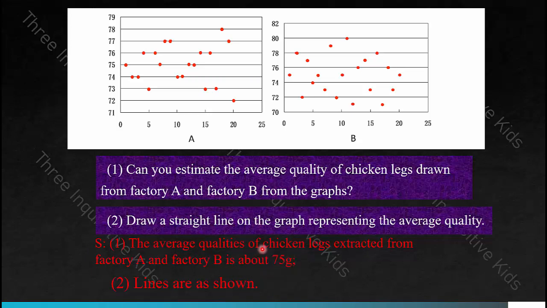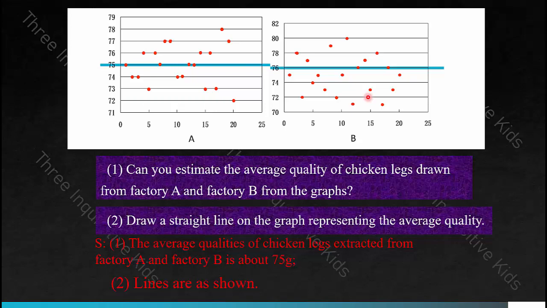So all you're being asked to do is to estimate. Here's how I know this is 75 grams: this is about halfway through. So this could be the median, and that would be 75 grams. This is also 75 grams. So like about 76, 75. So their average qualities is about 75 grams.